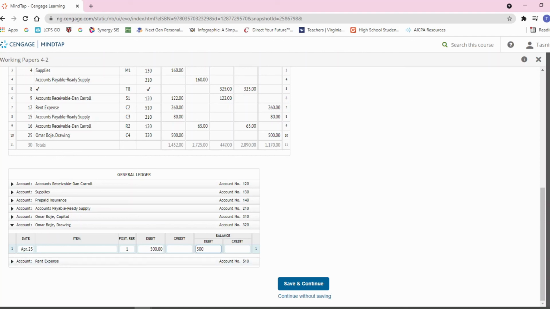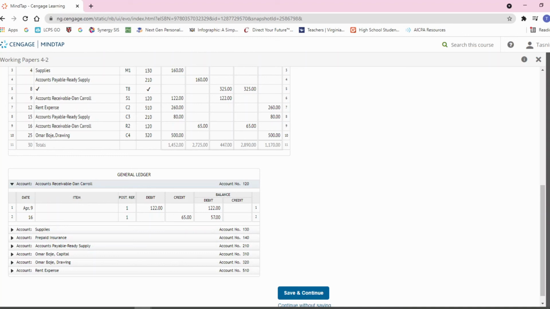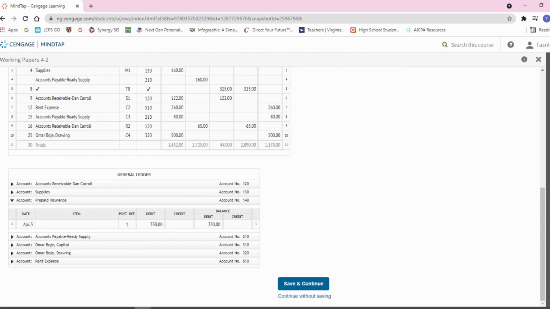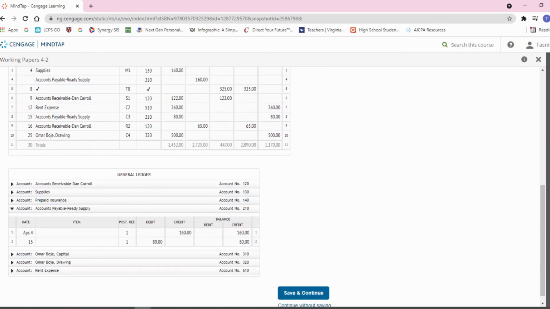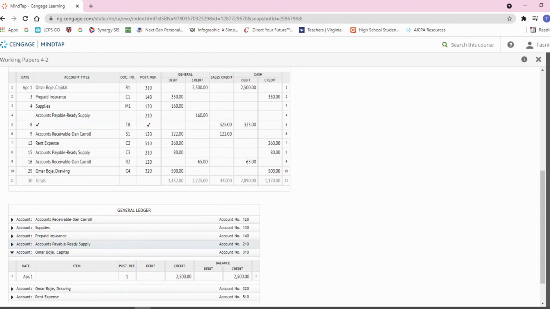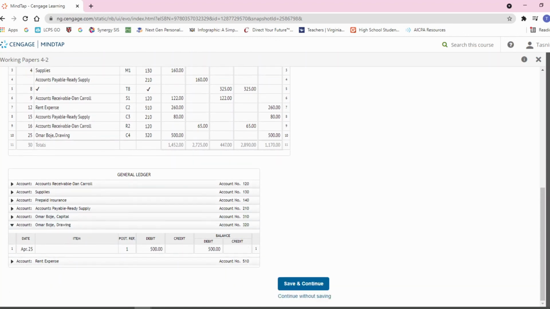Alright, so I think that is all of our transactions. Let's just go back through, make sure we have everything there. That is good. Our accounts receivable. Our supplies account looks good. Our prepaid insurance looks good. And our accounts payable looks good. Our capital account, good. And then our drawing account looks good.